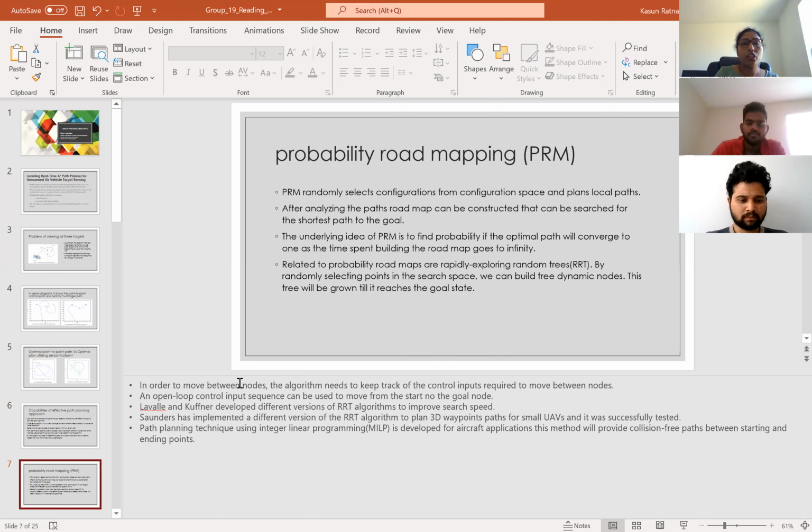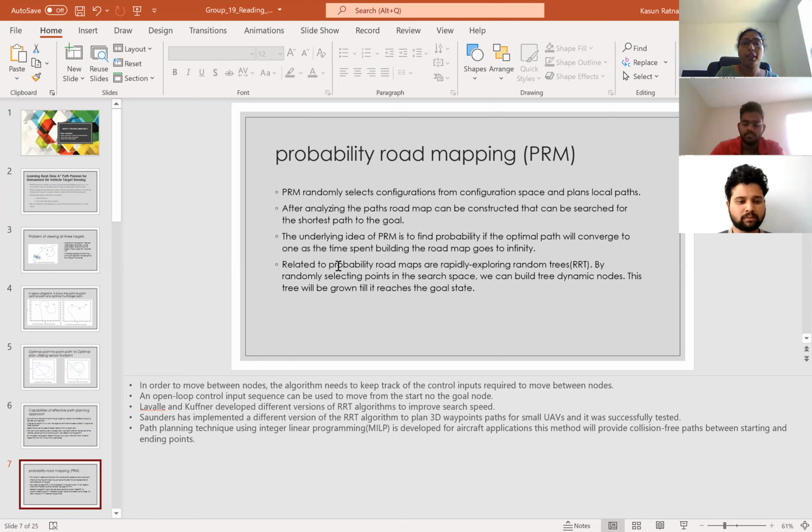The next topic we will be discussing is probabilistic road mapping. We call it PRM. In order to move between nodes, the algorithm needs to keep track of the control inputs required to move between nodes. An open loop control input sequence can be used to move from the start node to the goal node.